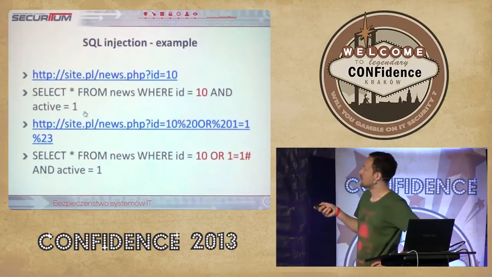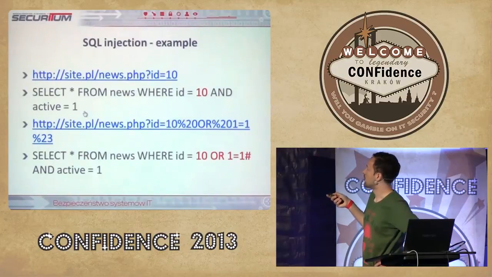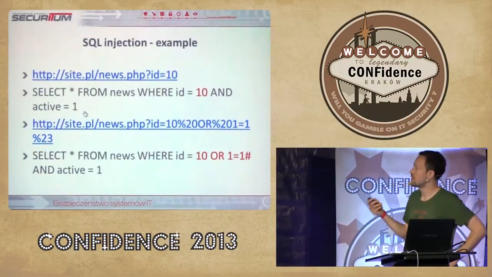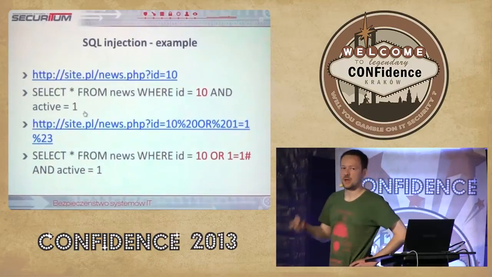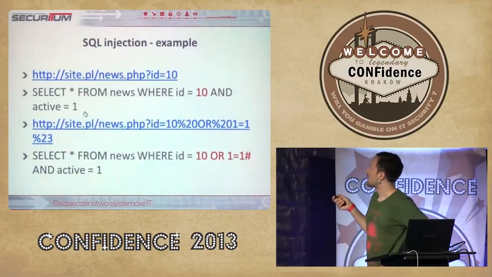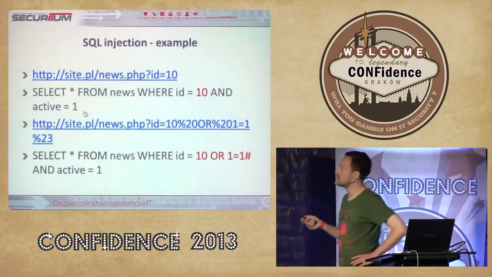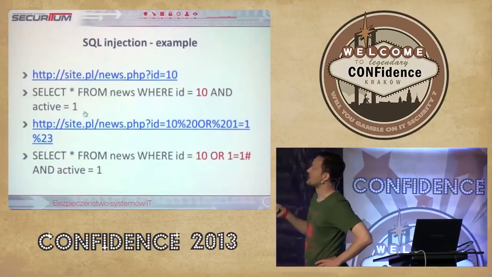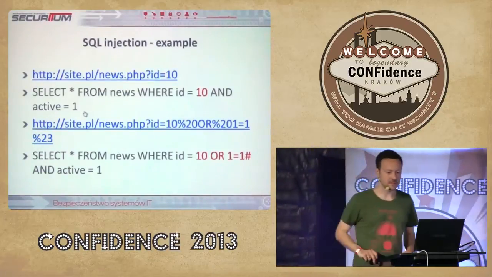So get me everything from the table news, where ID is equal to 10 or 1 is equal to 1 hash. This logical statement is always true for every row, so this gets me everything from the database. Hash is a comment sign in SQL, so everything after this hash is ignored. Very basics of SQL injection.